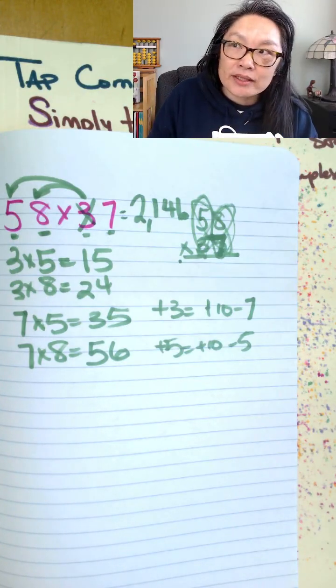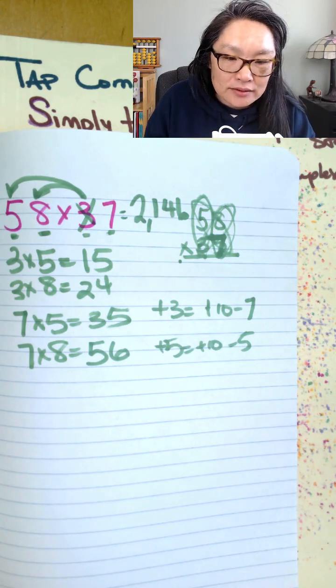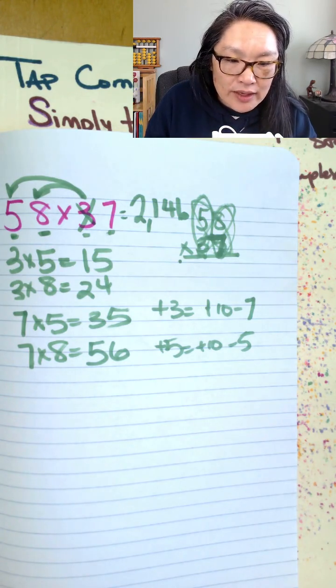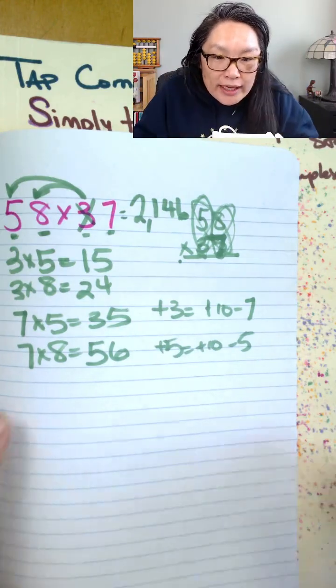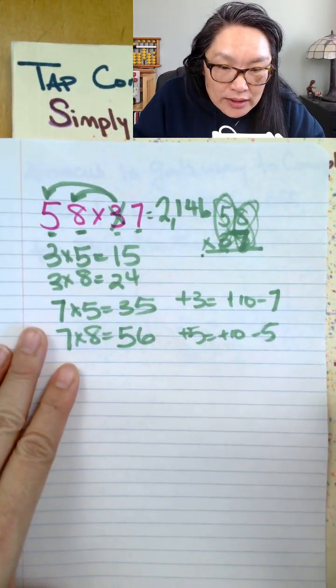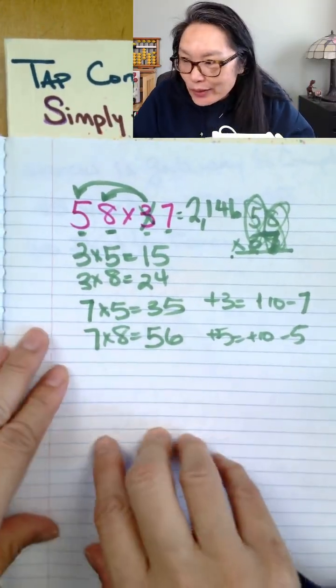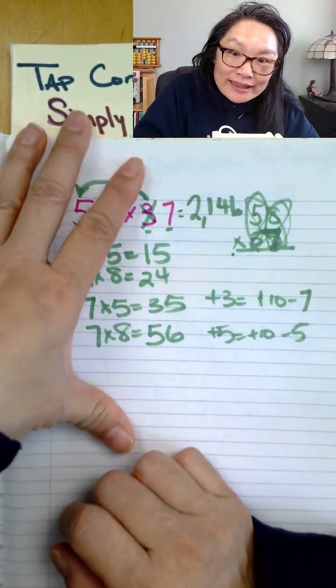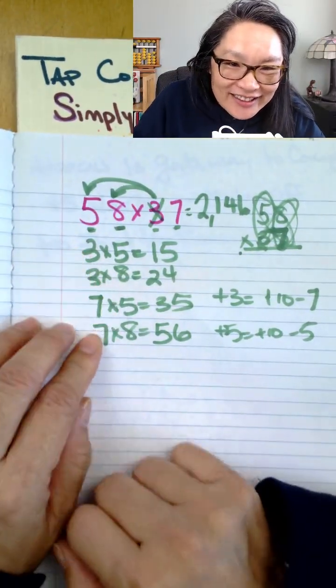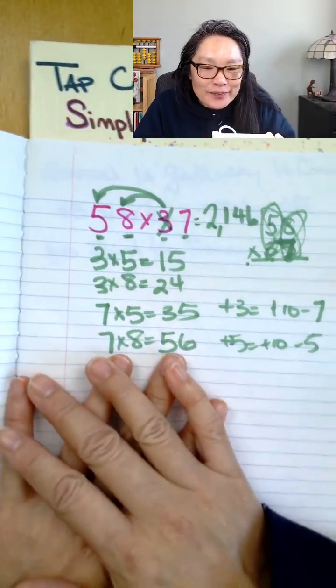I grew up in Canada. It's here 2 a.m. in Iceland. Yeah, see? It's so late. And you were still learning math. That's really early. All right.